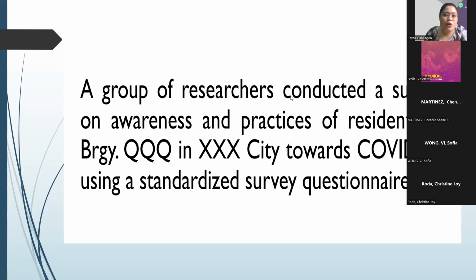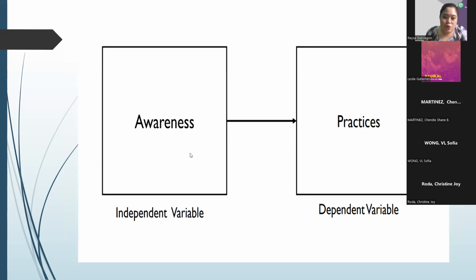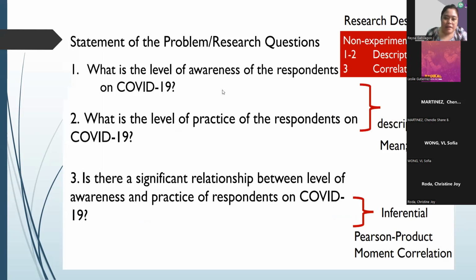So ganun yung problem na ito. So kung titingnan natin yung kanilang conceptual framework, the independent variable will be the awareness. Okay? Yan yung minamanipulate sa data. Tinitingnan natin gaano ba sila ka-aware. Tapos, i-check natin kung may relationship ba dito sa practices.